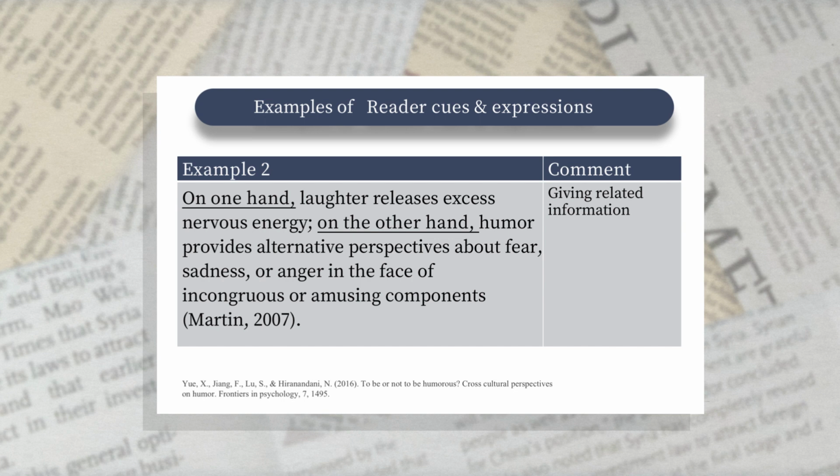On the other hand, humor provides alternative perspectives about fear, sadness, or anger in the face of incongruence and amusing components. So I'm giving you information that is interrelated, that is summative. So it could be metacognitions, it could be reader cues.